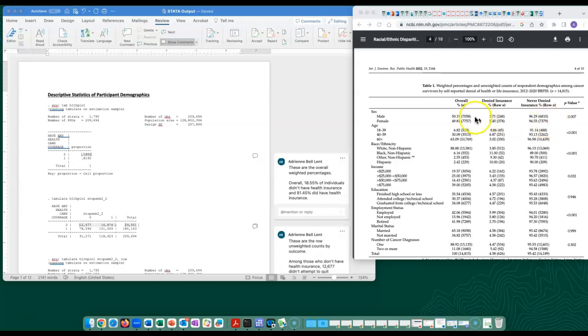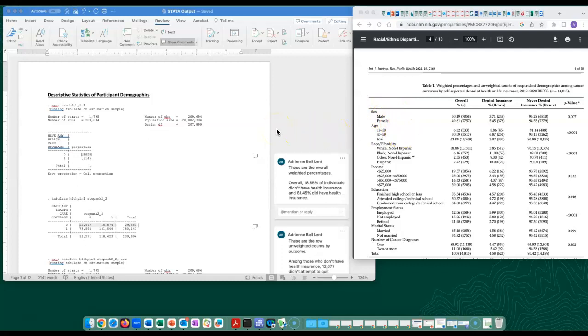Then you would also interpret this for the females. So you need to get the overall percent, the N, and then you also need this information across these rows. You need the percent and then the N for each of these values here.